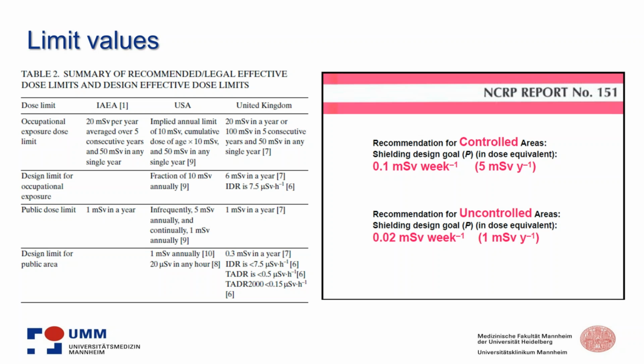So if you have a room nearby the treatment room, for example a diagnostic room from radiodiagnostics, or the control room, in a control room you could have an exposure of 6 millisievert per year. You could use another occupancy factor than for the public. Yeah, next one.